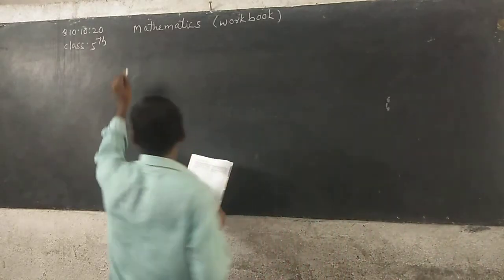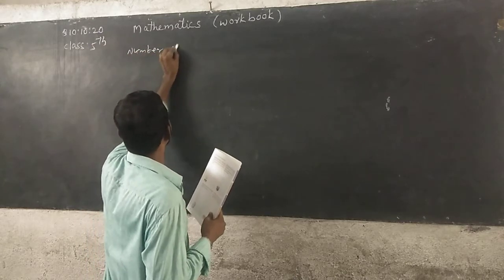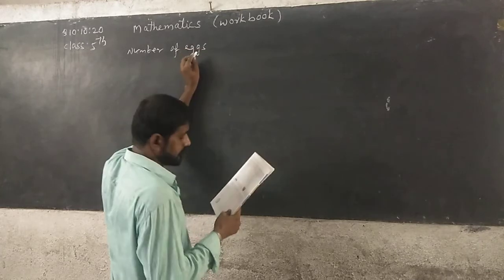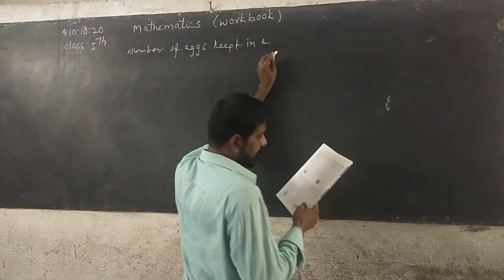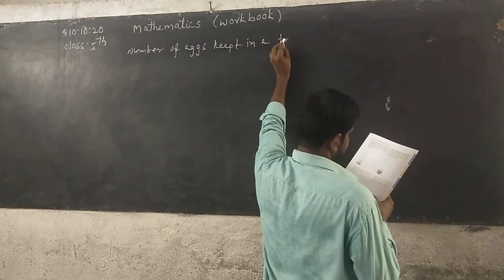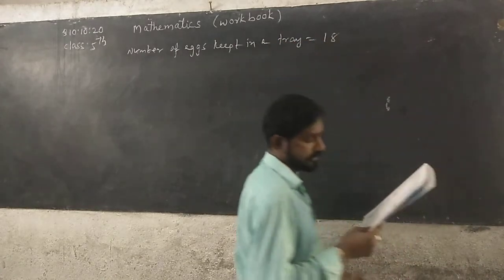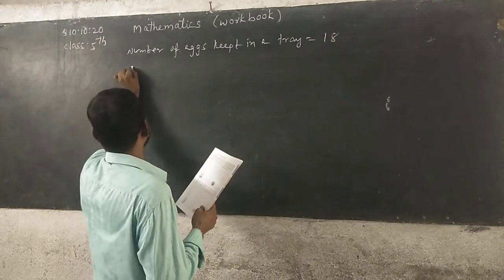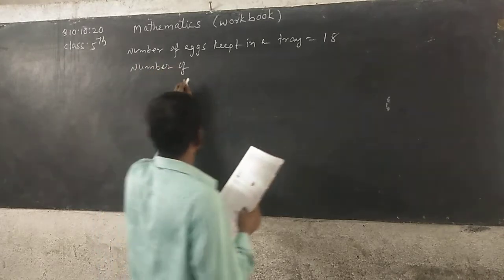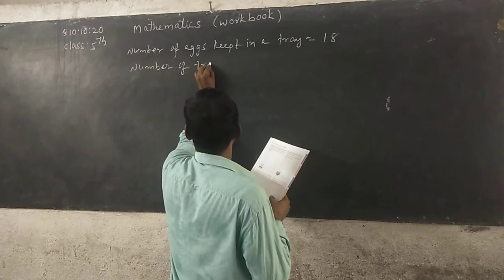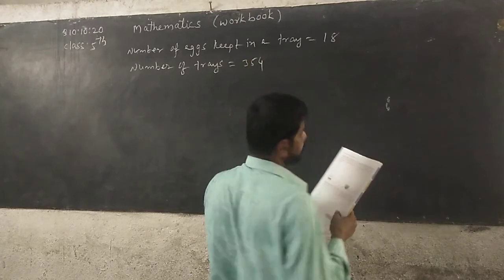Now here, number of eggs kept in a tray, that is 18 eggs. Number of trays. How many beta? That is equal to 354 trays.